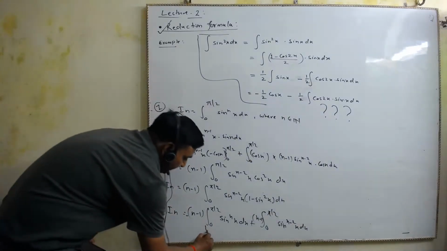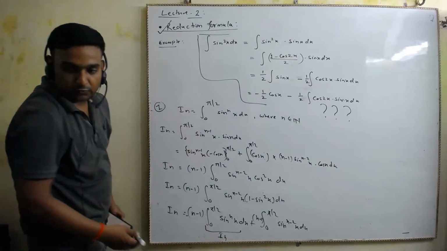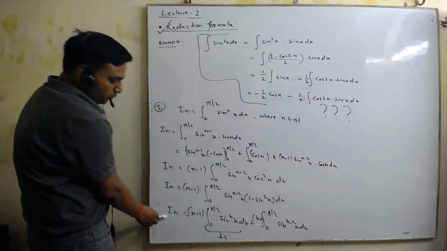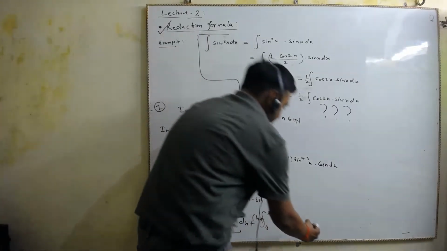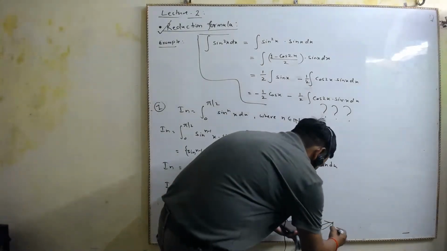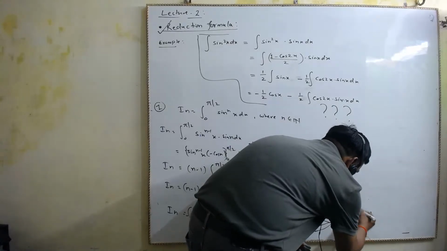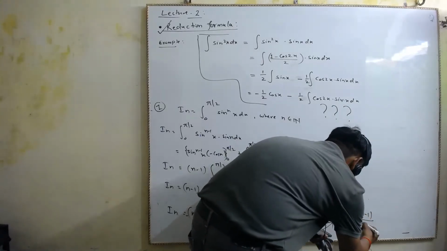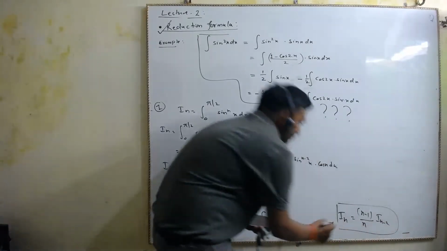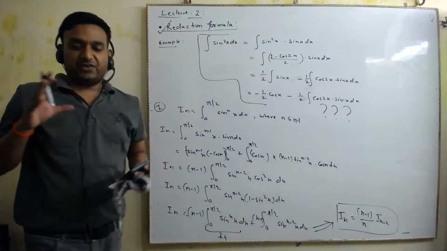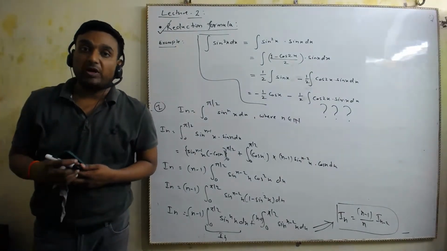So this is what, my dear fellows, that is I_n again, right? So you can manage this to this side, and this will give another relation. So what I can have from here is I_n equals (n minus 1) upon n into I_(n-2). So this is just a glimpse for you guys of what reduction formulas are all about.